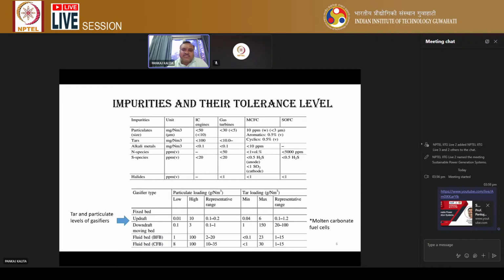You can also see the different applications here. If we are targeting an internal combustion engine, then particulate matter should be less than 50 microns and 50 milligrams per normal cubic meter.